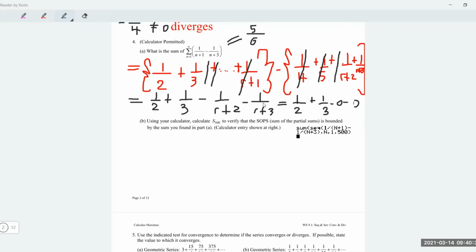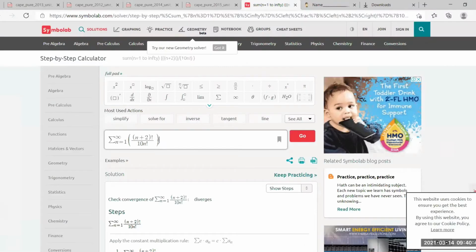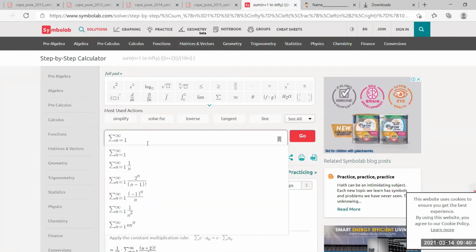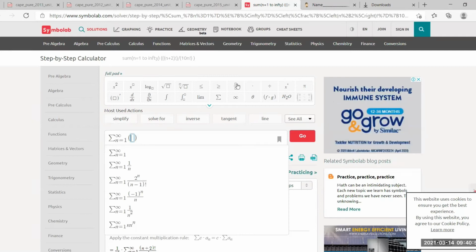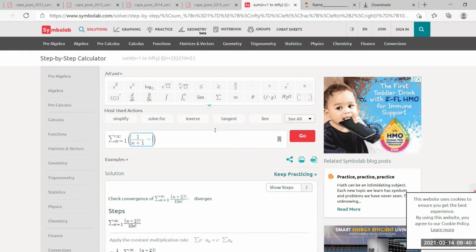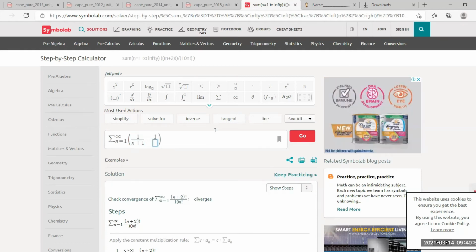Now, for those who are not so inclined to believe it, let us go ahead and evaluate the summation using Symbolab. So here in Symbolab, just to evaluate it, the sum from 1 to infinity of, I think this was 1 over n plus 1 minus 1 over n plus 3.